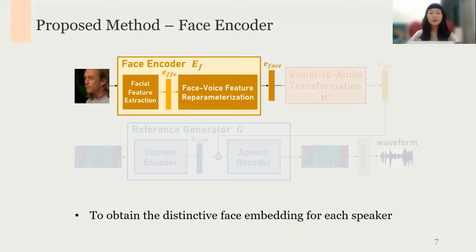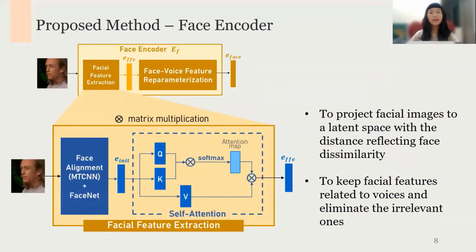As such, the proposed face encoder contains two modules: facial feature extraction and face-voice feature reparameterization. In facial feature extraction, initial speaker embeddings are extracted by a pre-trained FaceNet model. FaceNet projects facial images to a latent space with the distance reflecting face dissimilarity. Also, to maintain face angle consistency for better learning of the speaker embeddings, we applied face alignment on face images.